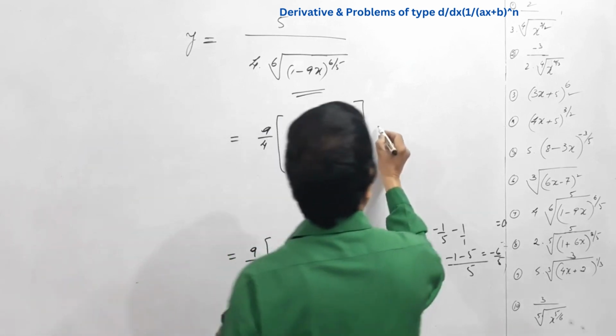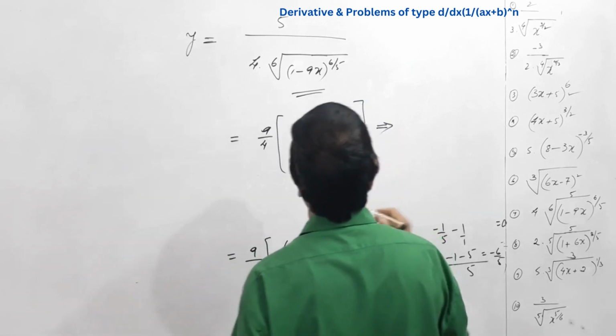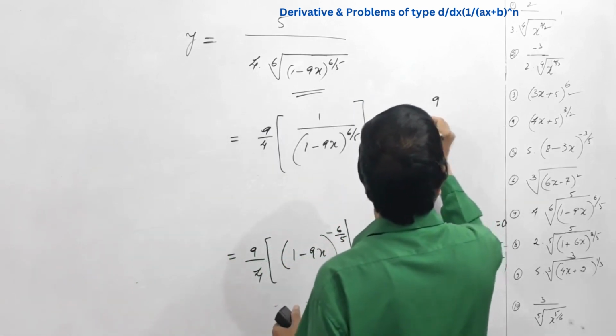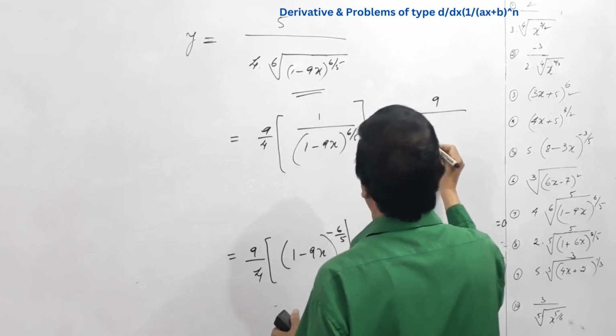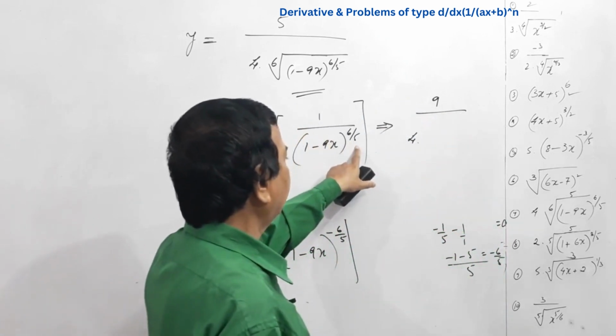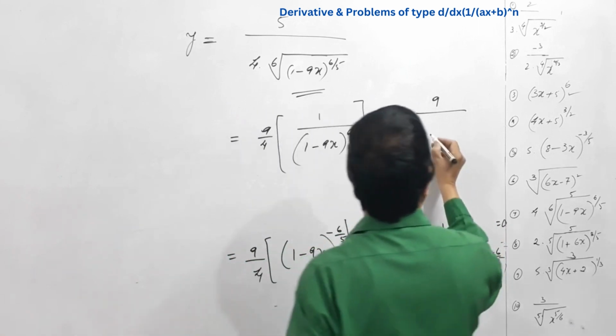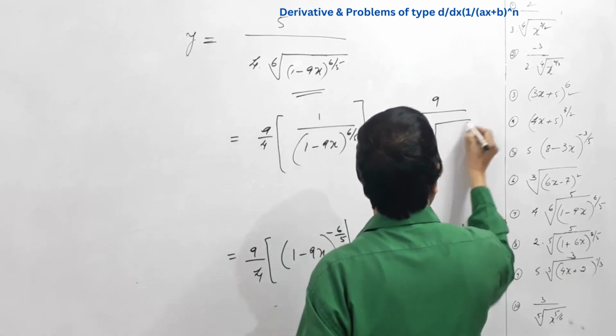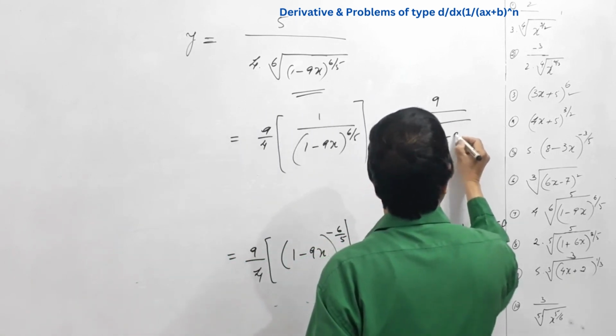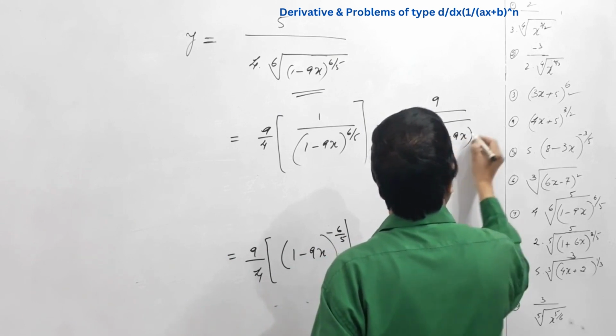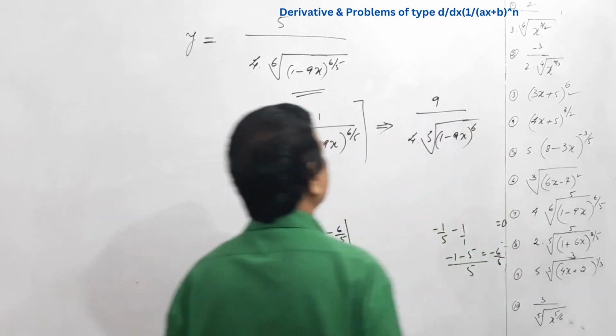So this is nothing but 9 by 4 into the 5th root of 1 minus 9x whole to the power of 6.